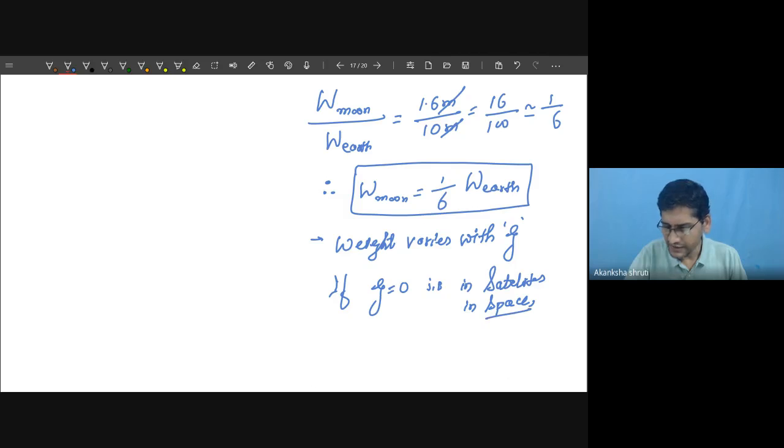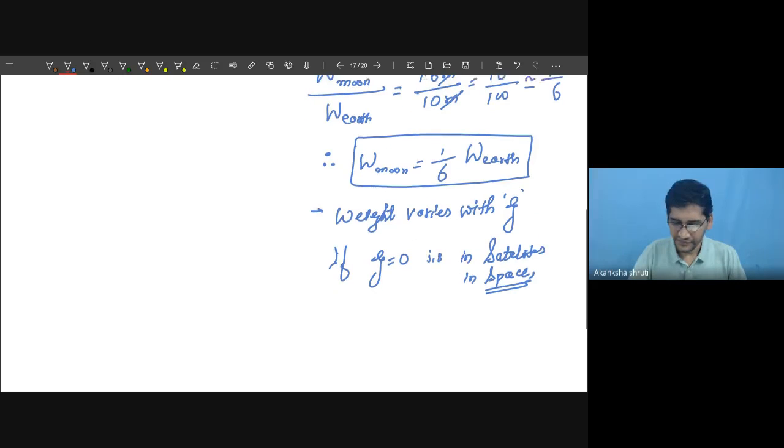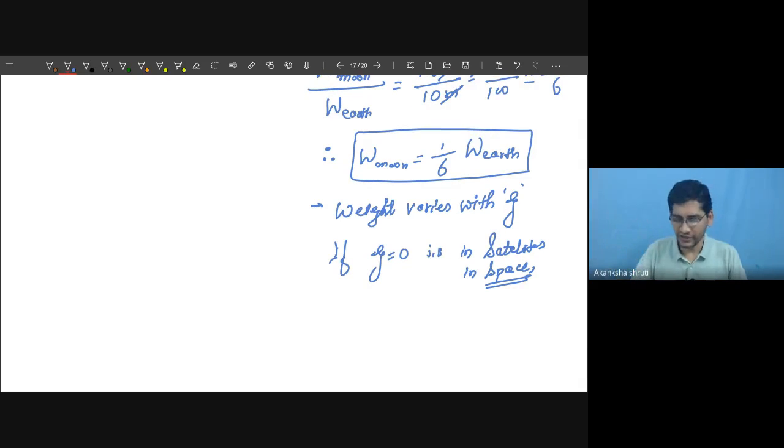So in space the value of acceleration due to gravity is 0, exclusively in a satellite which is rotating around the earth.